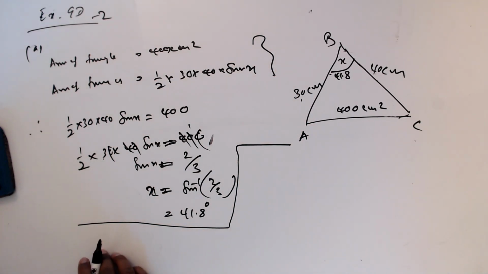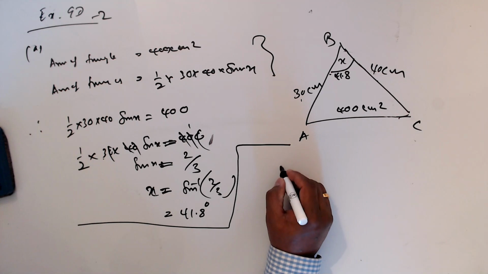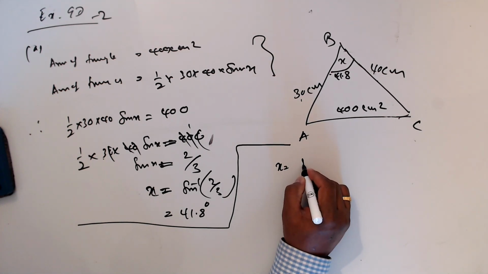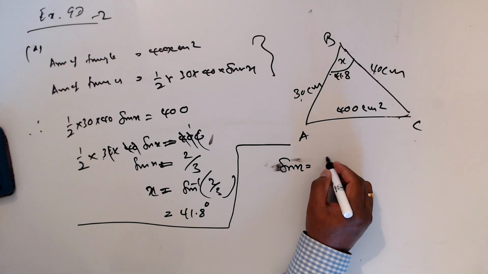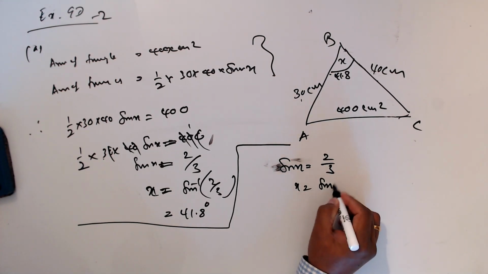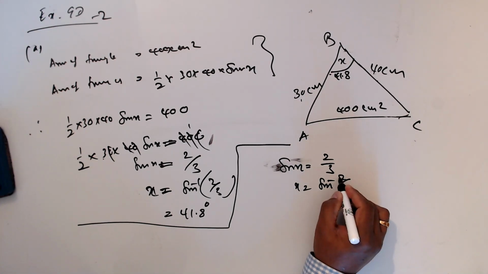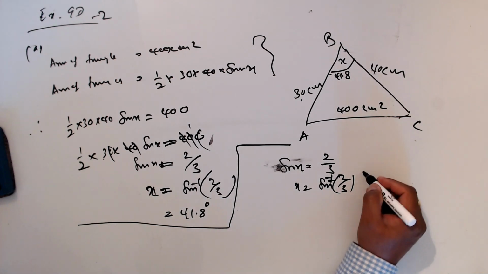So this is an issue with this book, I believe, because when you solve the equation sine x equals 2 over 3, then x equals sine inverse 2 over 3, there are two answers.